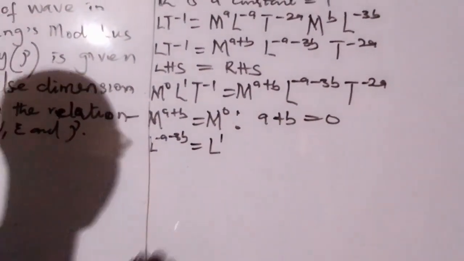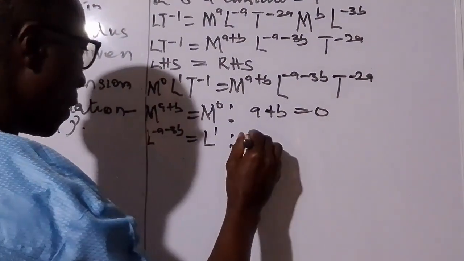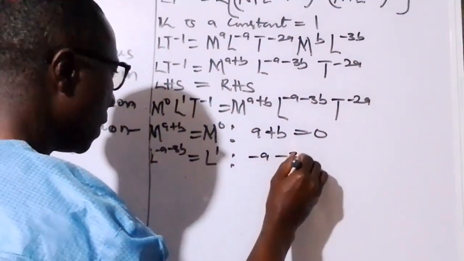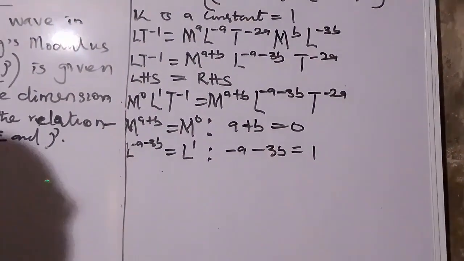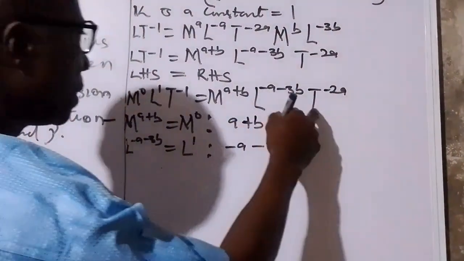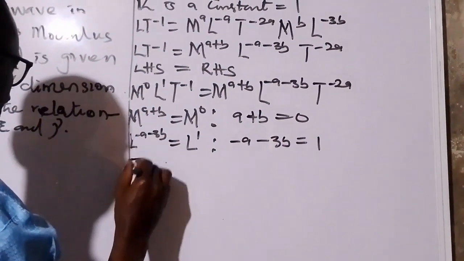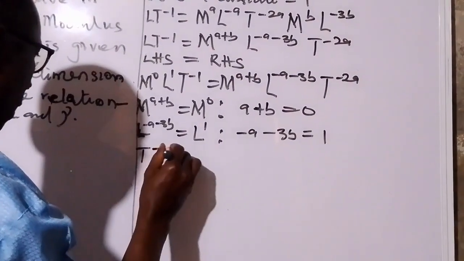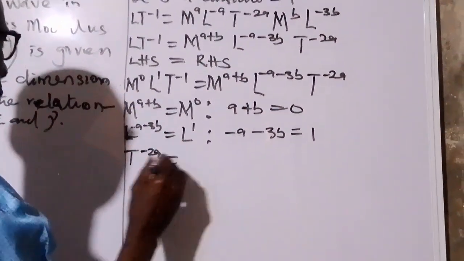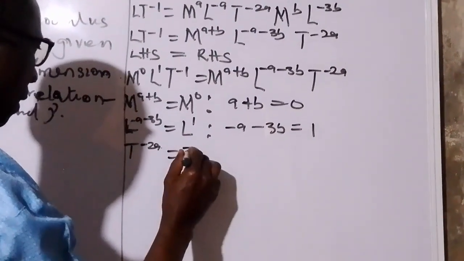So this one will give us minus A minus 3B is equal to 1. Then the last one, T raised to power minus 2A will be equal to T raised to power minus 1.